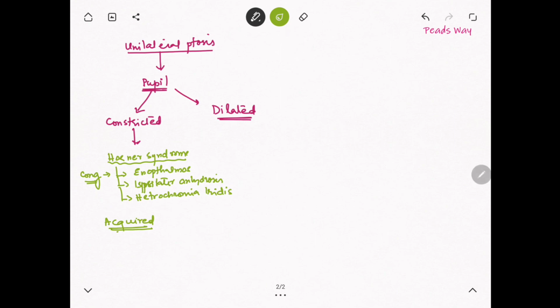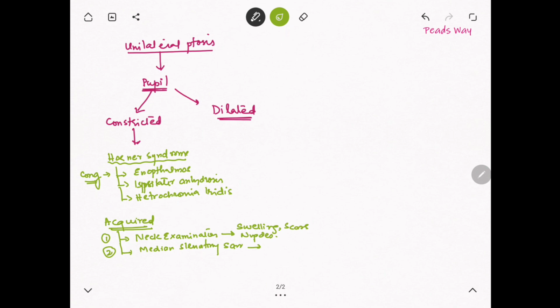You will do neck examination: any swelling, scars, lymph nodes. Number one is look for neck, and number two, look for median sternotomy scar.